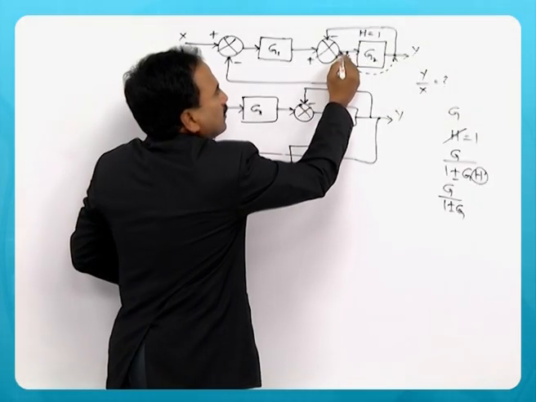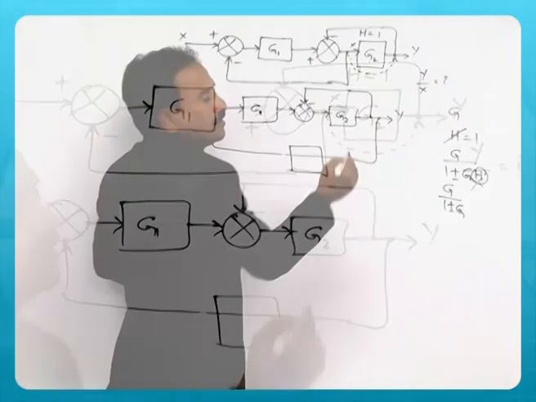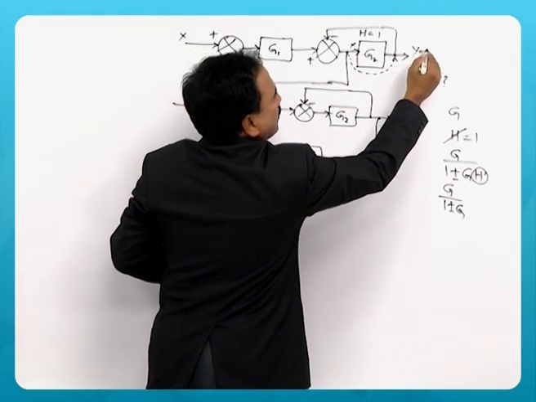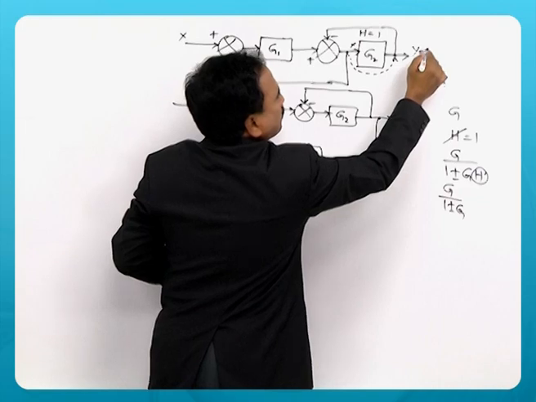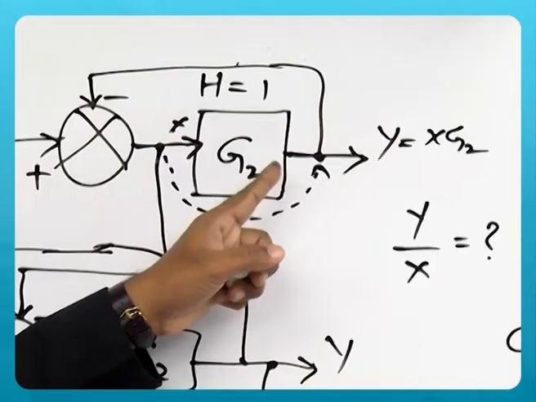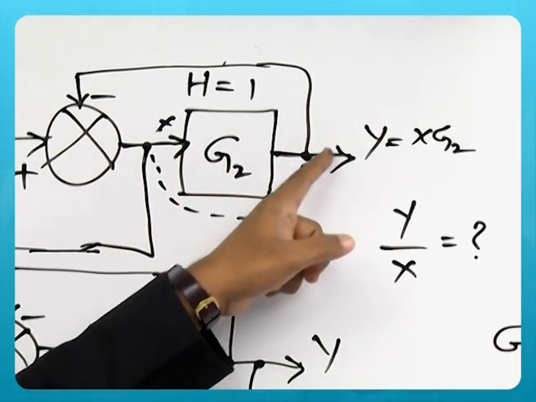If I say that this signal is X, then the signal along this path is Y, that is equal to X times G2. So the signal is multiplied by G2 along this path.